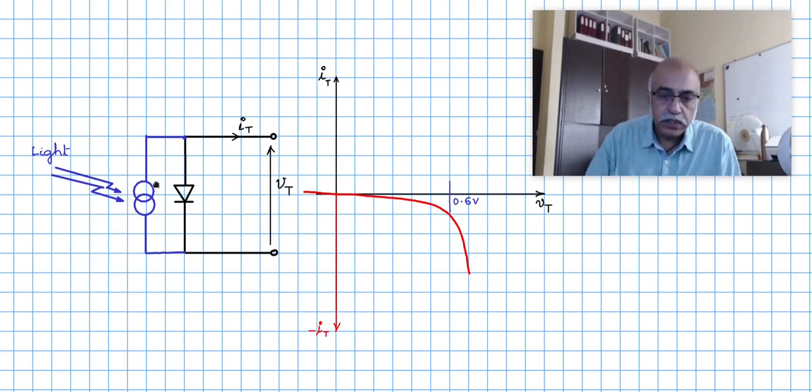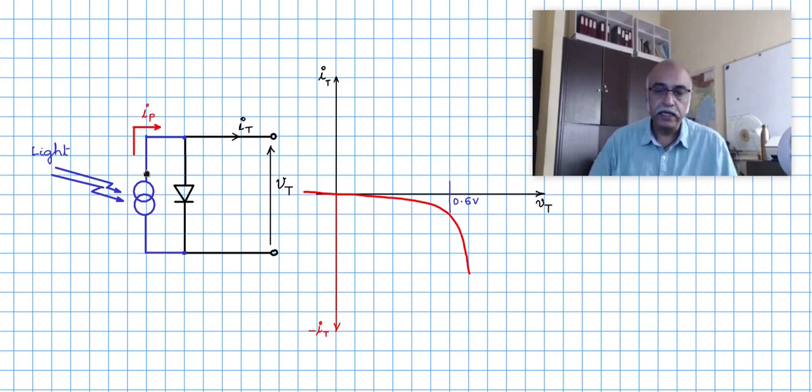This current source is going to represent this light falling on the PN junction, and because of the light falling on the PN junction, the photons give the energy to the electrons and raise them to the conduction band, and thereby you have a photon current flowing in this constant current source equivalent. So let us say you have photons flowing because of light incident on the PN junction panel.